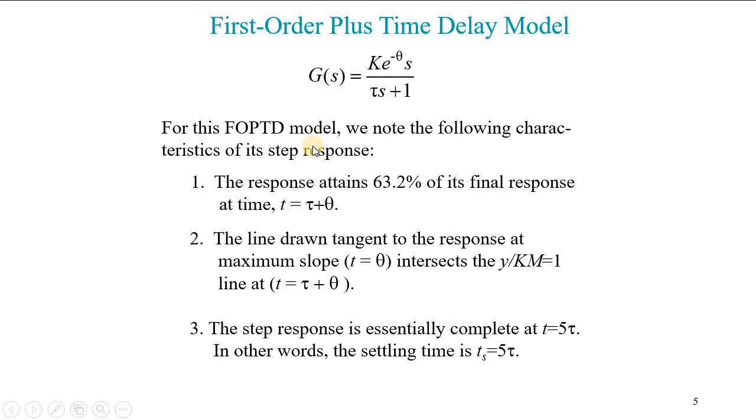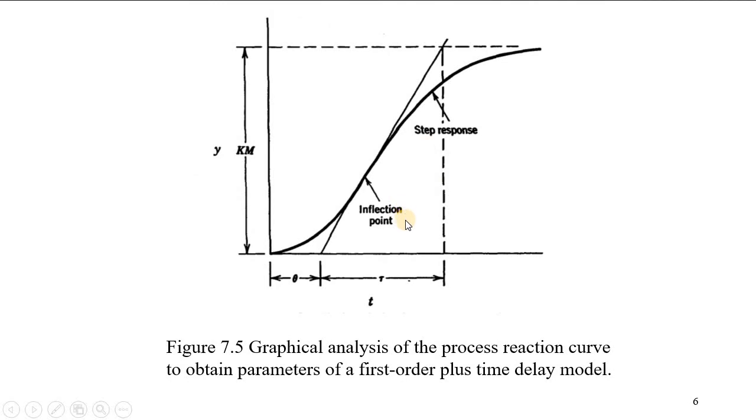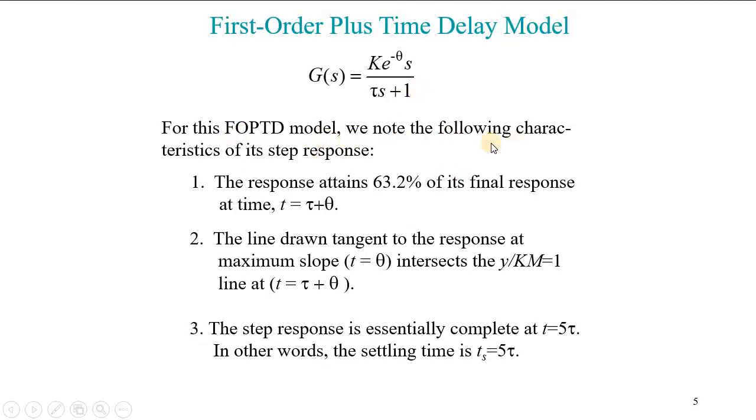So just to summarize what I'm saying, for this first order plus time delay model, we know the following. We need to fit a first order plus time delay model to these two different responses. So we need to note the following.